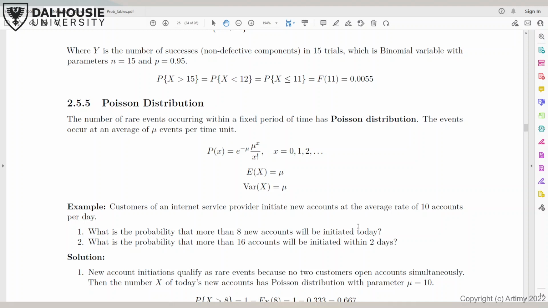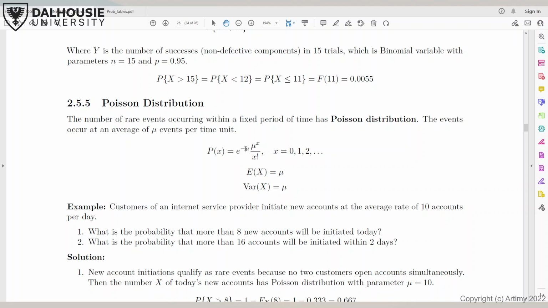One interesting thing about this Poisson distribution is that it's the first distribution so far that doesn't have P as a parameter. We're not looking for a probability here. Instead, we're looking for the average number of events. So the parameter that we use is mu, not P. The X is still X, so the number of events is still random.